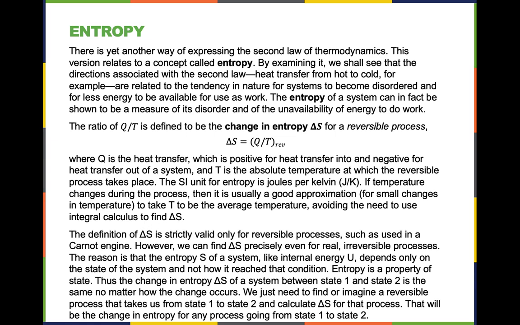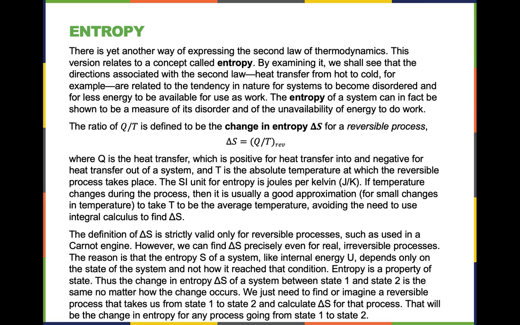The definition of delta S is strictly valid only for reversible processes, such as used in the Carnot engine. However, we can find delta S precisely even for real irreversible processes. The reason is that the entropy S of a system, like internal energy U, depends only on the state of the system and not how it reached that condition.